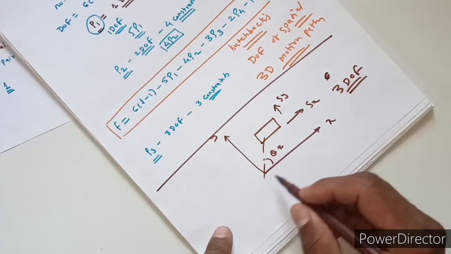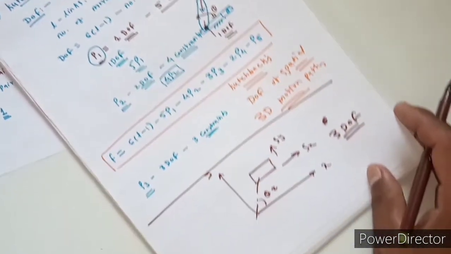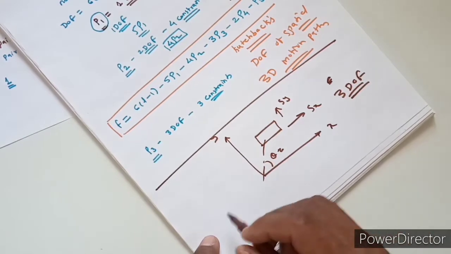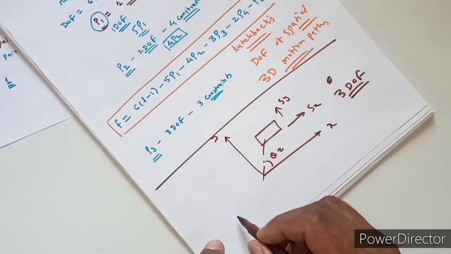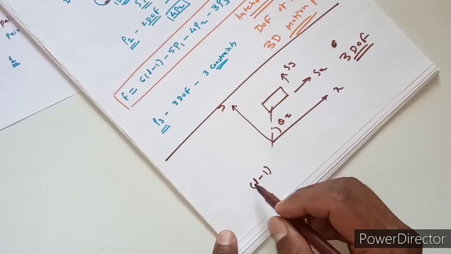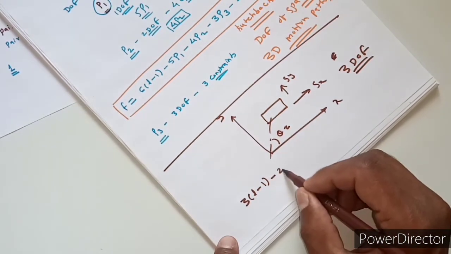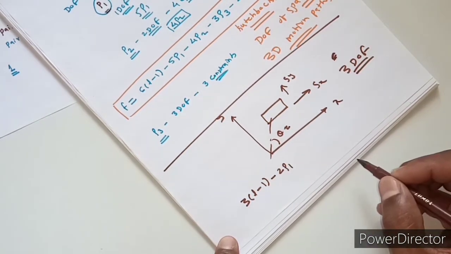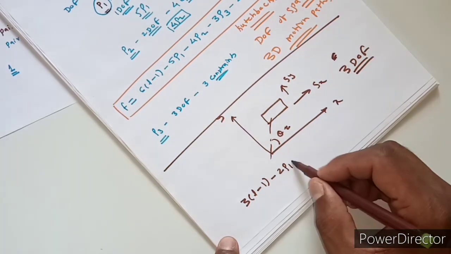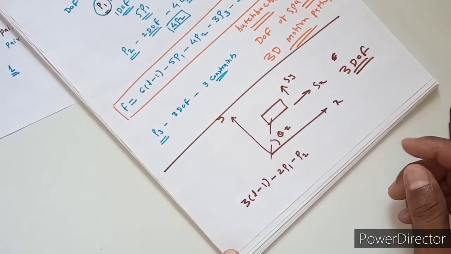We call such mechanisms planar mechanisms. So for planar mechanisms, if there are L number of links in a mechanism, total number of movable links will be L minus 1. So degrees of freedom of these L minus 1 movable links in a plane will be 3(L minus 1), minus twice P1, which are the number of constraints imposed by P1 number of pairs having 1 degree of freedom, and minus P2, which are the number of constraints imposed by pairs having 2 degrees of freedom.